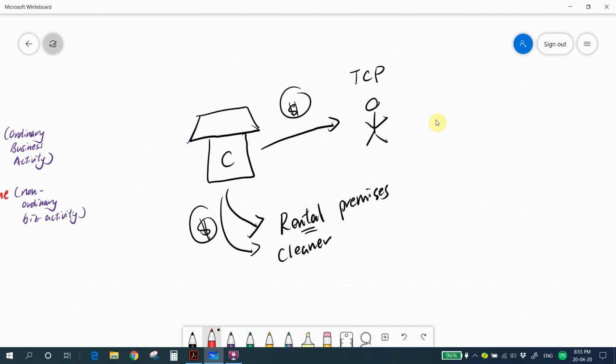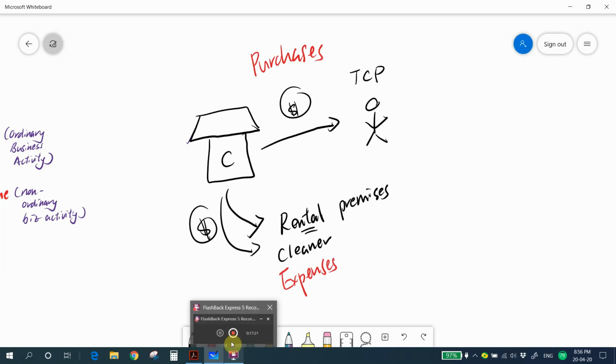The answer is the cash that college paid to me as a lecturer is considered as purchase, and the cash that the college paid for the rental of premises, paid for the cleaner, is considered as expenses. Why? Because the business activity for college is what? Education.